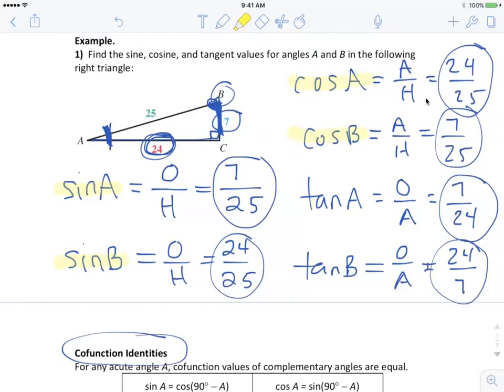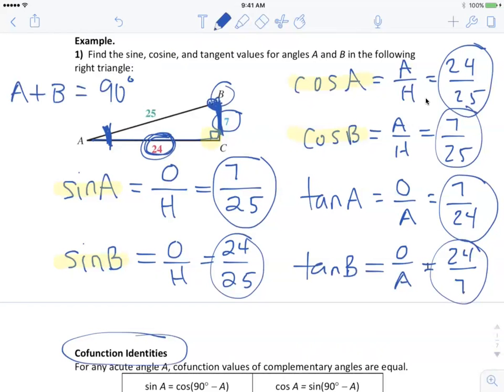They're equal. One thing you know about the angles A and B, because the angles in a triangle add up to 180, and if it's a right triangle, you have one of them being 90, right? So angle A plus angle B is also 90. Those two always add up to 90 in a right triangle.